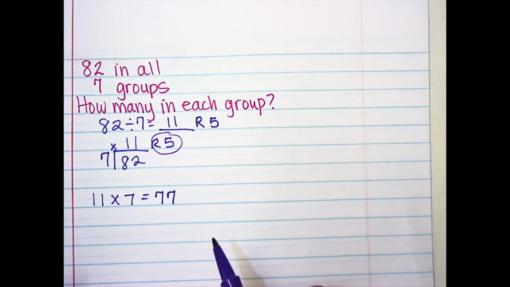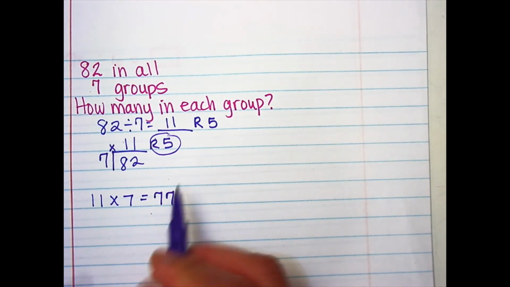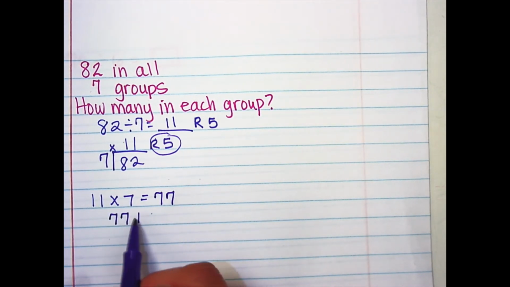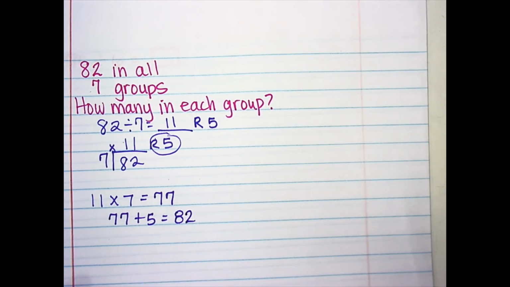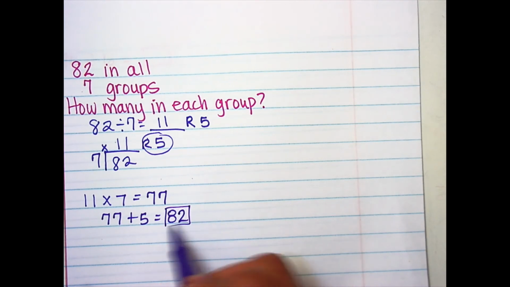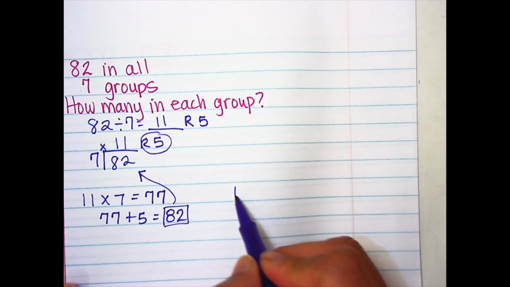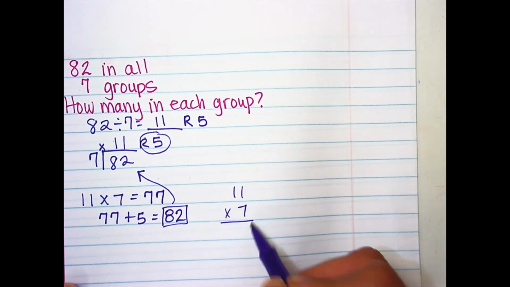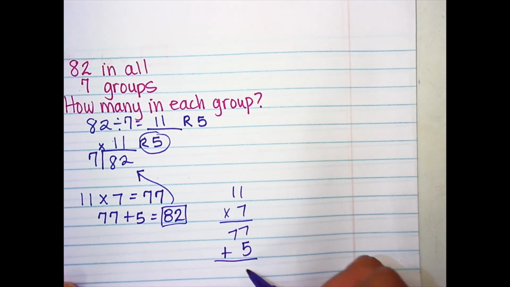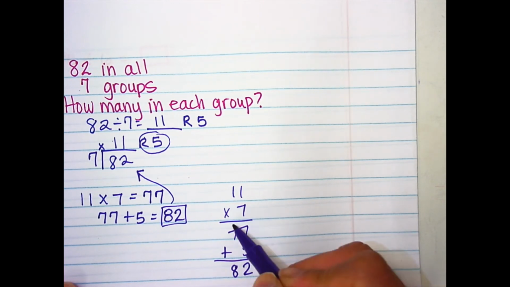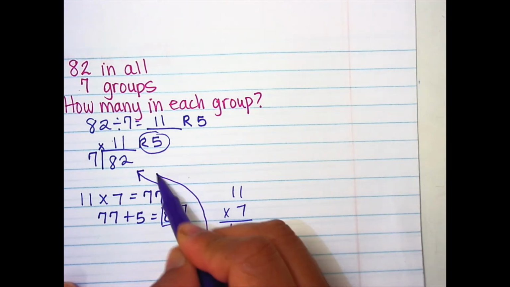So 77, 78, 79, 80, 81, 82. 77 plus 5 equals 82. So I can also rewrite it as 11 times 7 equals 77 plus 5, which is your remainder, equals 82. Still same answer.